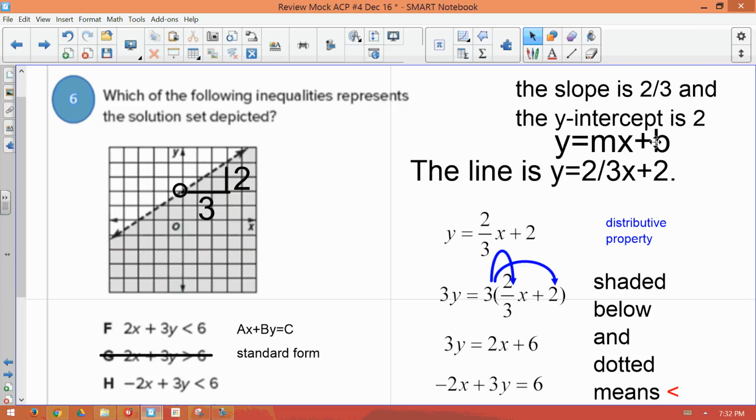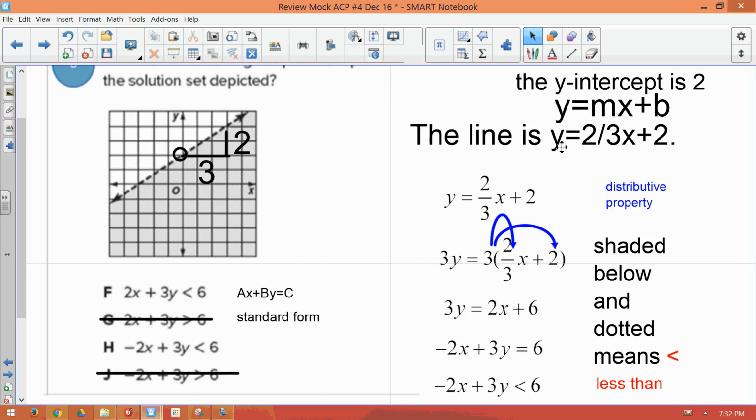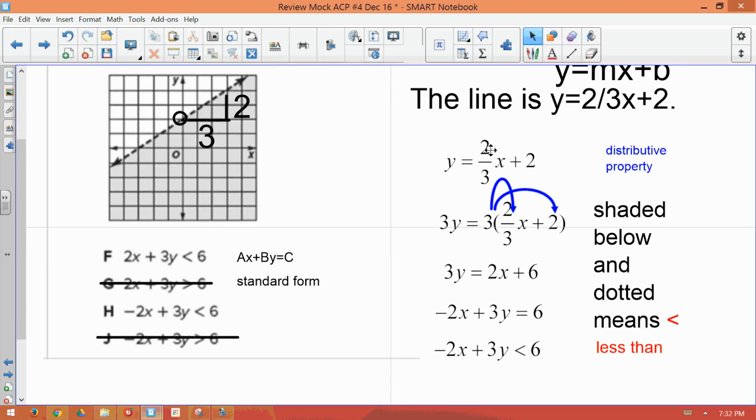Okay, so how do I go from slope-intercept to standard? What you do is you start off with the equation. You want to get rid of the fraction, so multiply everything by 3 to get rid of that denominator. When you do that, you're going to have to use the distributive property on the right side. So you'll get 3 times y, that's easy on the left.